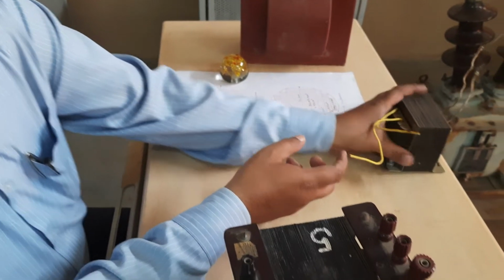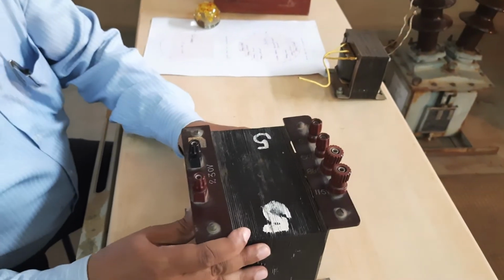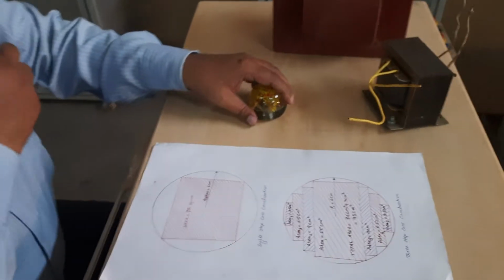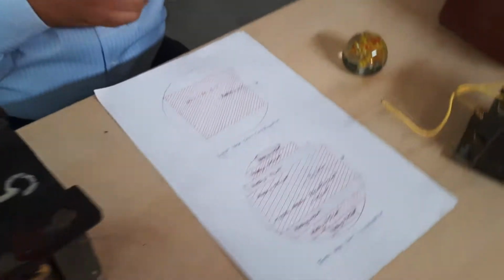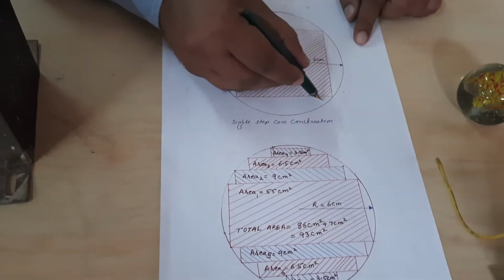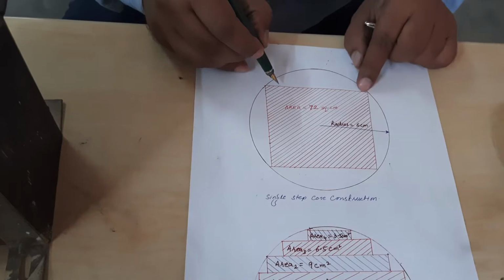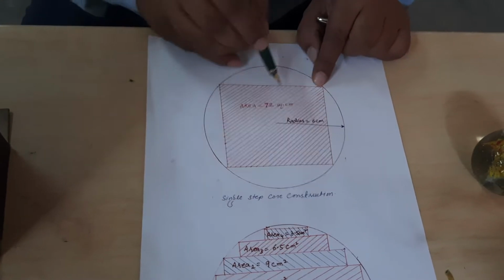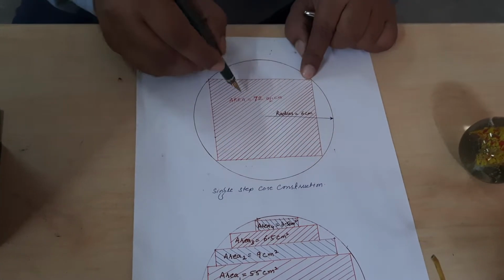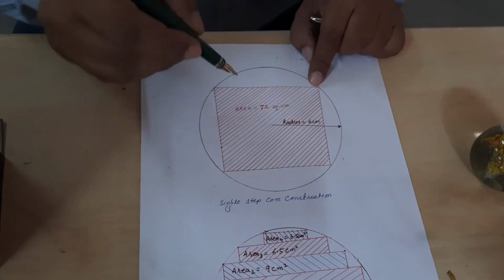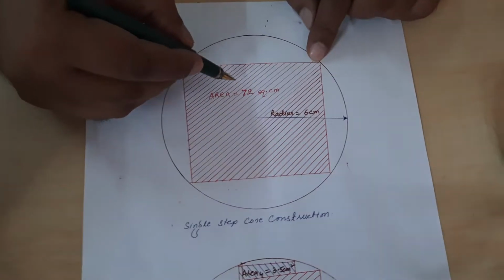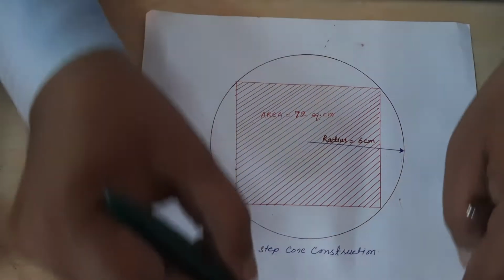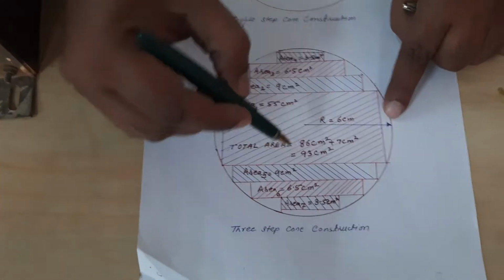Now what is the advantage of cruciform core? So in this case here, see, this is the circle where the winding is carried out, and it is a square core. The radius of circle is 6 centimeter, and the area of core is 72 square centimeter. Now if the same radius is taken for the stepped core, here there are 3 steps.